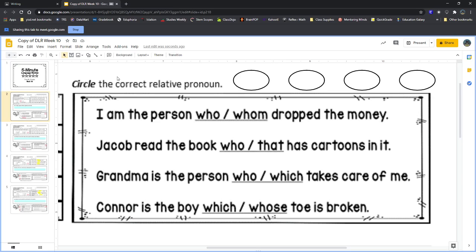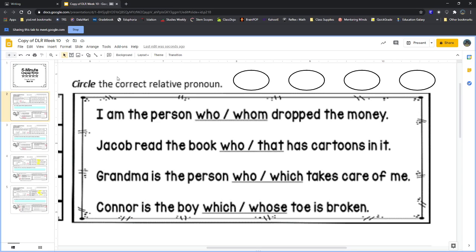Circle the relative pronoun. Okay. This one is kind of similar to some of the ones that we've done before. They give us a sentence. They have not really a blank space, but they give us two options.